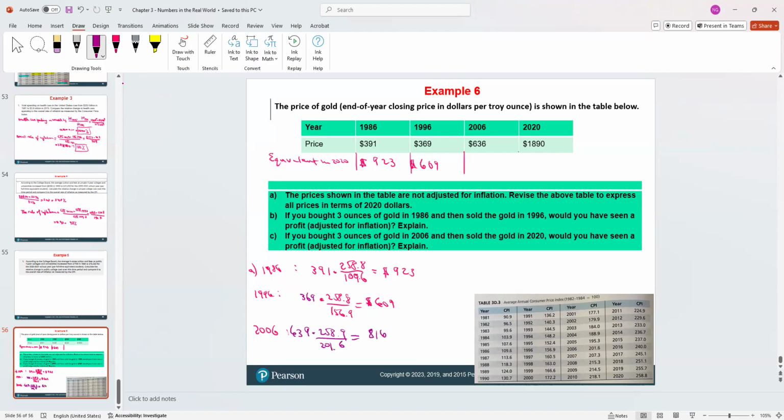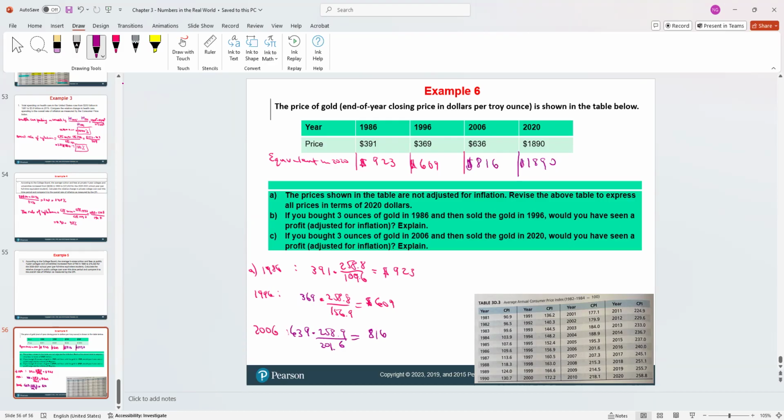So here we're going to have $816. Even if you try to do this one again, the answer wouldn't change. So you answer the first question: the prices shown in the table are not adjusted for inflation. Revise the above table to express all prices in terms of 2020. So that's exactly what we do.